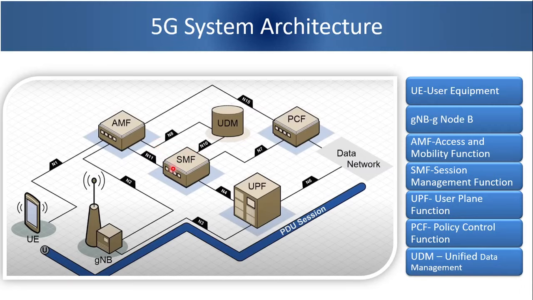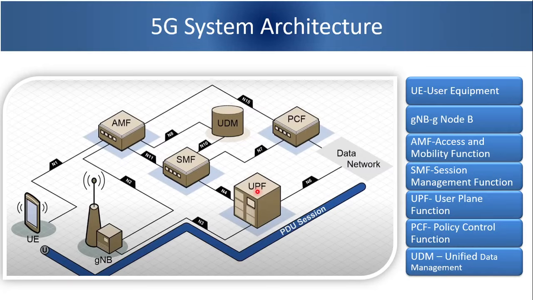So in fact, the MME has been split in 2 parts in 5G, AMF and SMF. And of course, AMF will take over certain control functions which used to be done earlier by the serving gateway and PDN gateway.